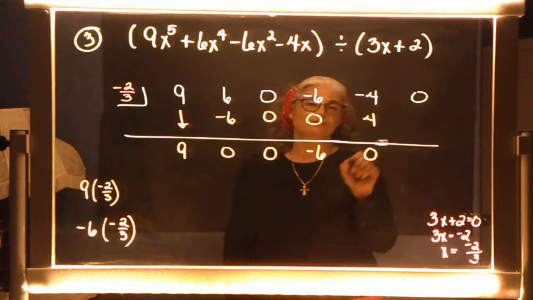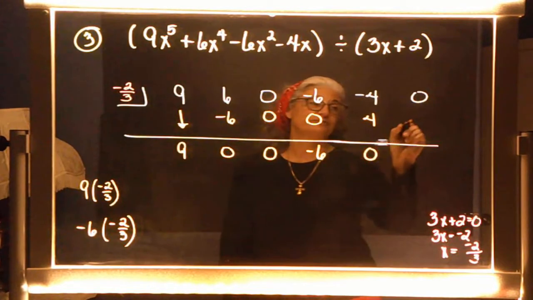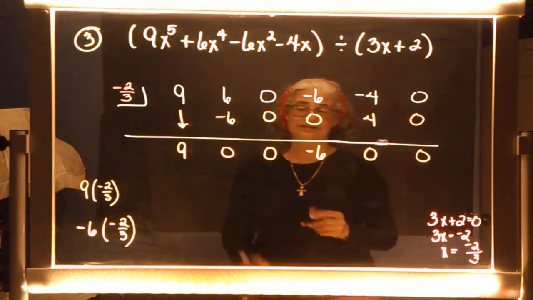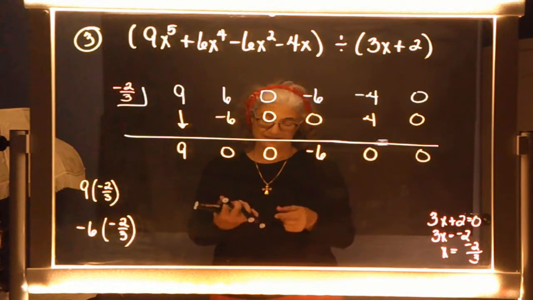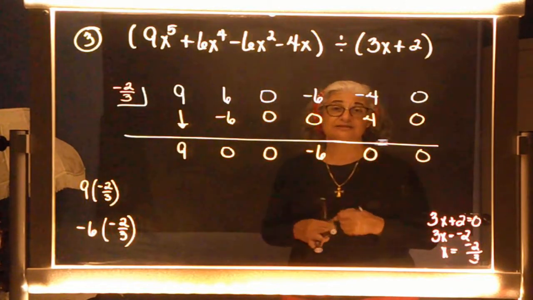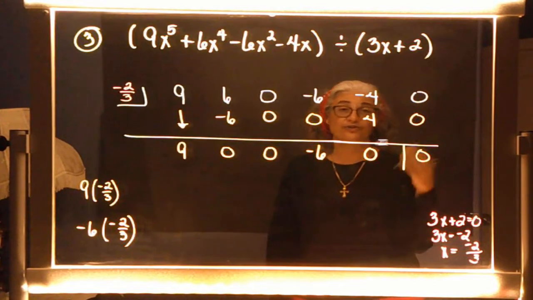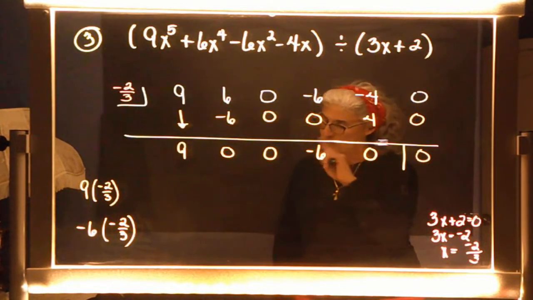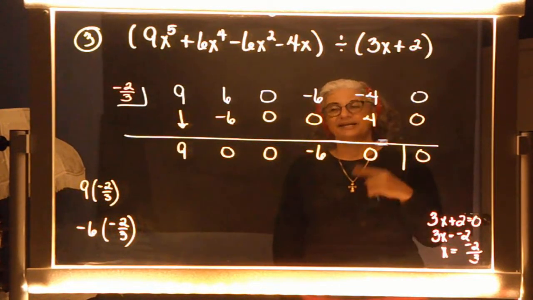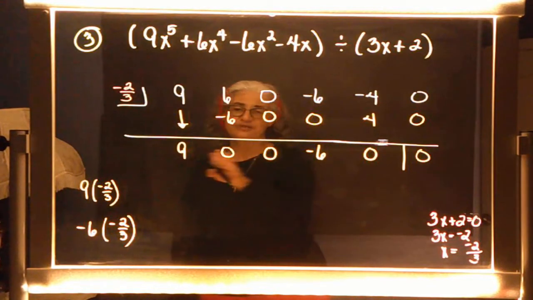Which I add those gives me 0. And then 0 times negative 2/3 is 0 and then 0. Right? Hey, this problem wasn't as bad as it looked. Yay! This last number, that's the remainder. In this case, do I have a remainder? Nope. Now I got to interpret all these numbers down here.